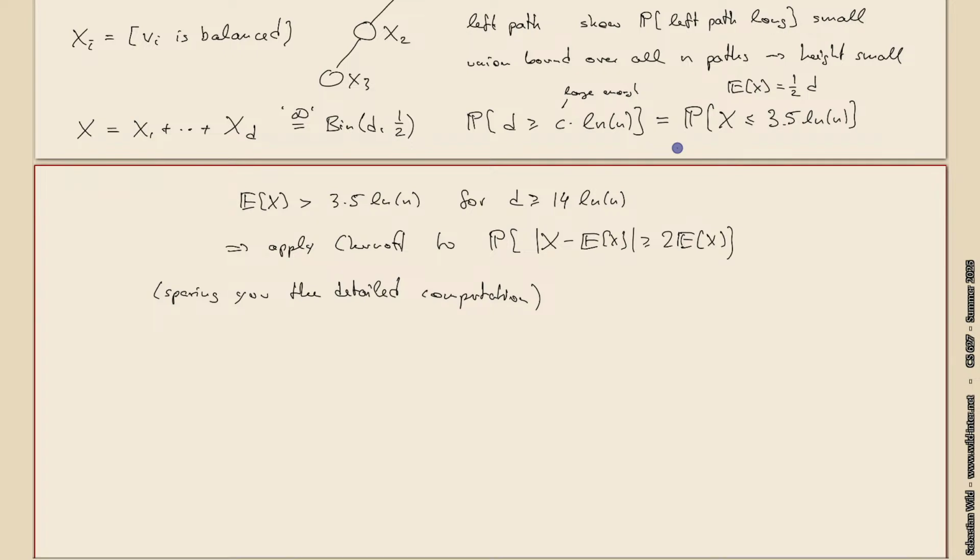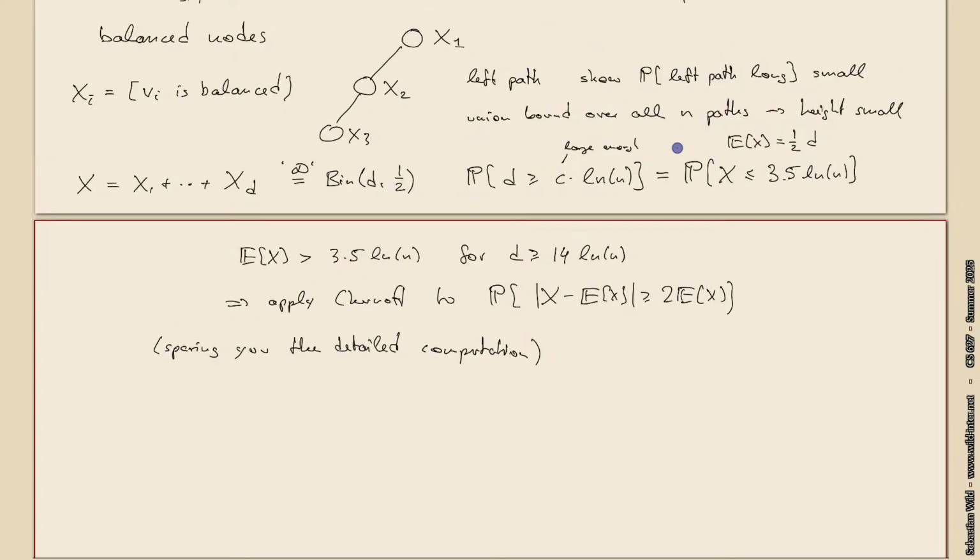But there's one little catch that I glossed over and that you have to fix. Namely, these xi are not actually Bernoulli 1/2 random variables, and they're not actually independent. They're close to it, and you can fix it, but not exactly as I defined it.